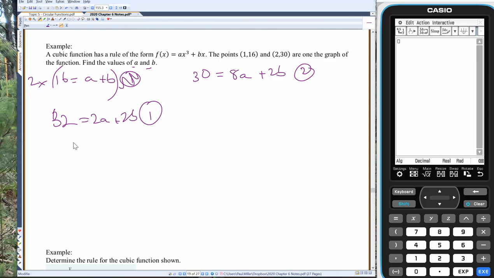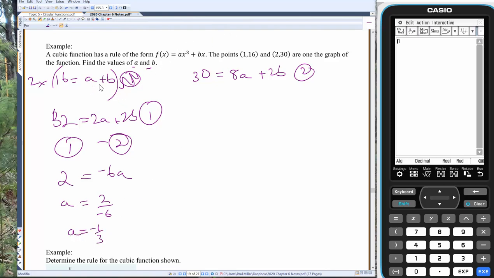Now to eliminate, I'm going to do 1 take away 2. 2a take 8a is negative 6a, 2b remove 2b is 0, and 32 take 30 is 2. Now a is equal to 2 over negative 6. a is equal to negative a third.